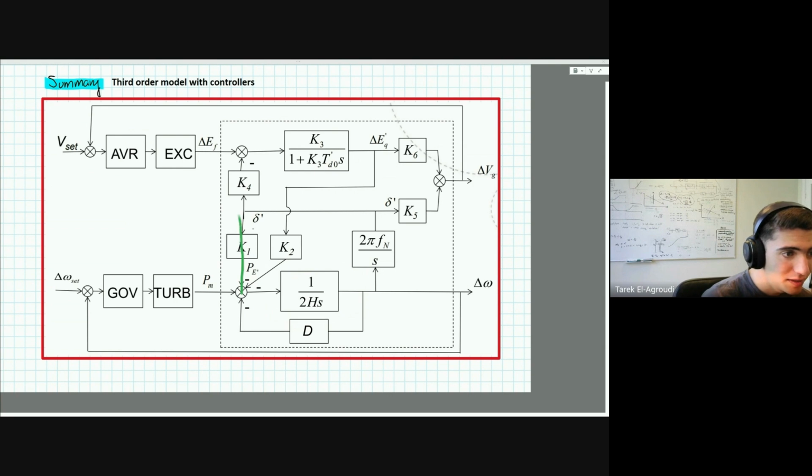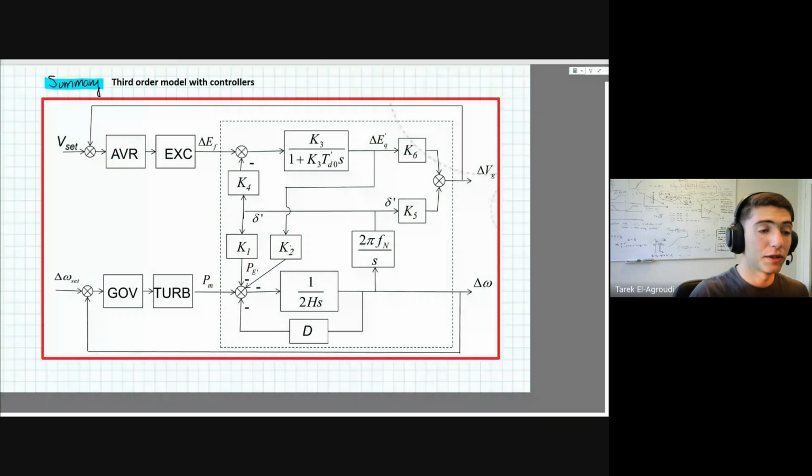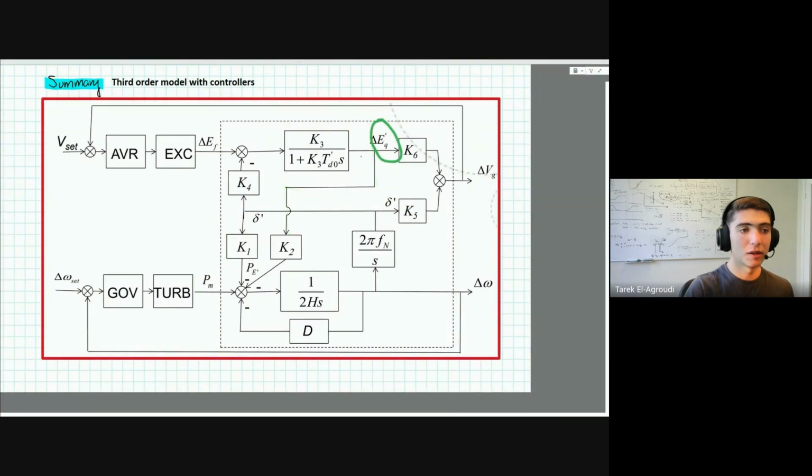This K1 is a function of this power angle. So this is your synchronizing constant. So you've taken your PE and you've taken the partial derivative with respect to the power angle. And that's this constant. This one is this D, E, the linearization constant with respect to the transient EMF, which is up here.